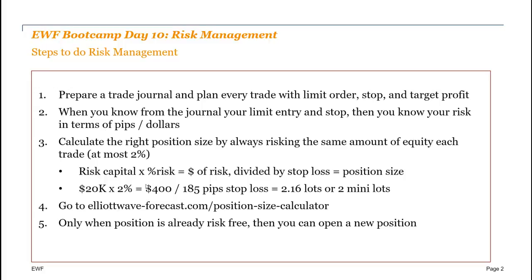You can also automate this position size calculation by going into our website elliotwave-forecast.com/position size calculator, and then you can input some parameters there, and it will give you the result.